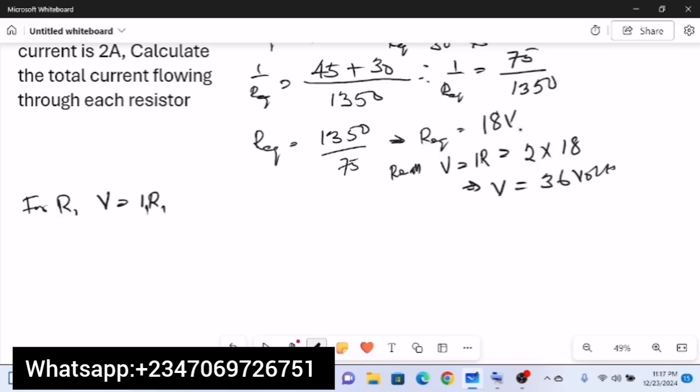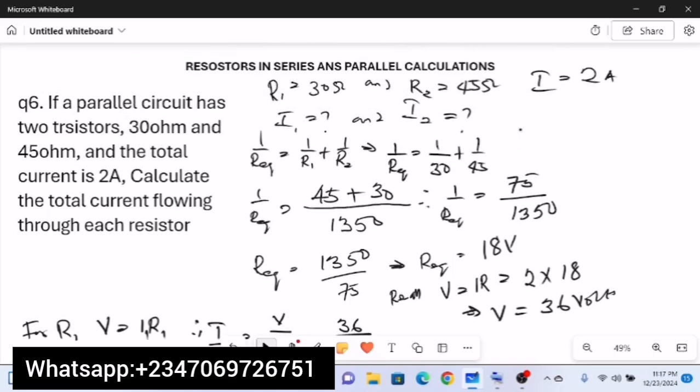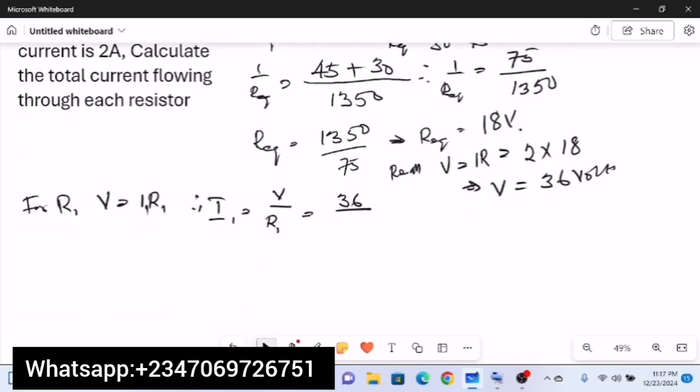To make I1 the subject, I1 is equal to V over R1, and V is obtained as 36, so you have 36 divided by 30, since R1 is 30.